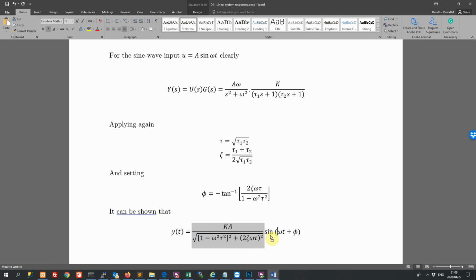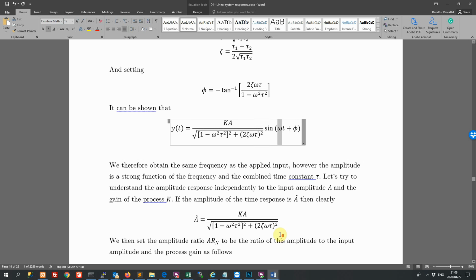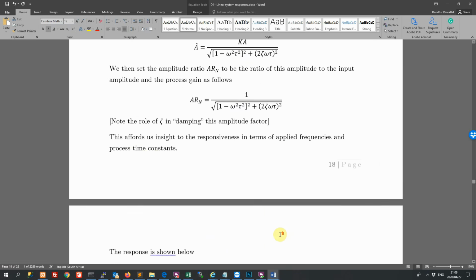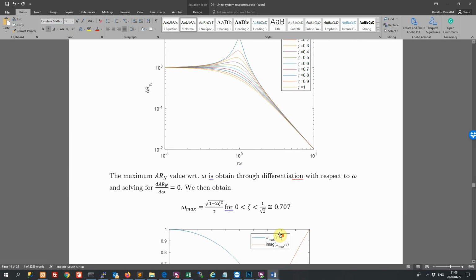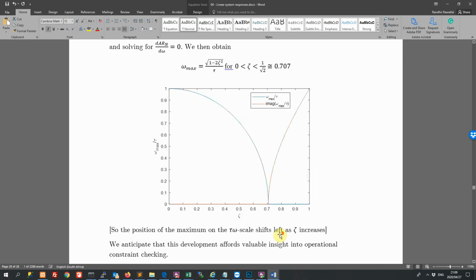The sine wave is shifted by phi, and at least we can say it has the same frequency as the applied sine wave. So we can go ahead and graph the output, which I don't seem to have done here.